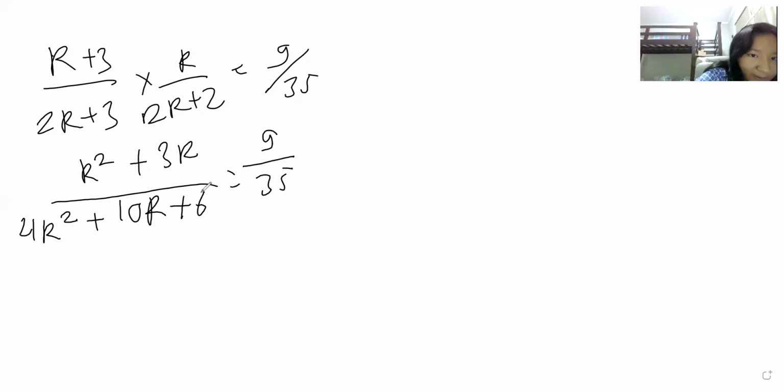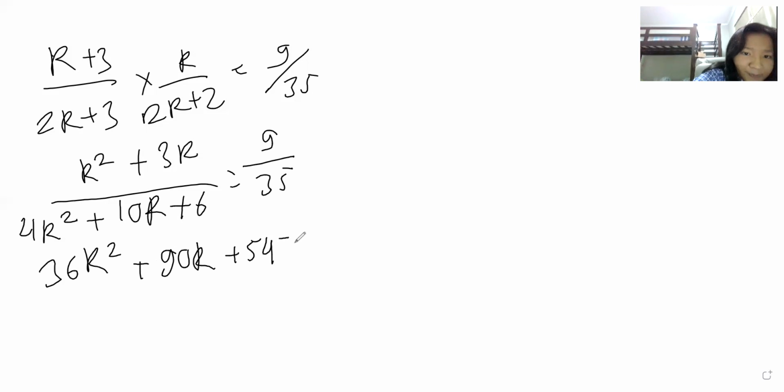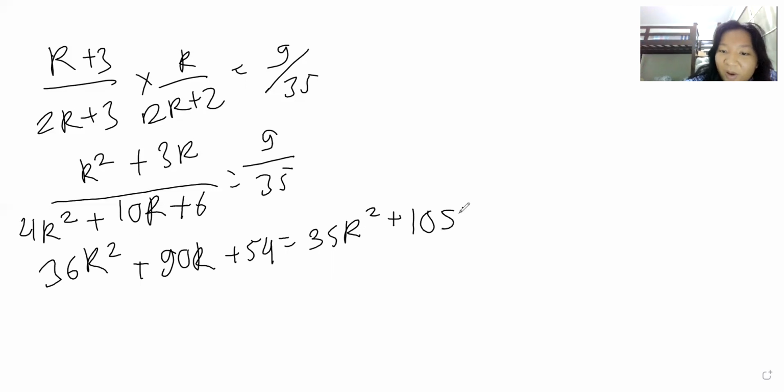This will be 36R squared plus 90R plus 54, and then 35R squared plus 35 times 3, what is this? 105R. I will move all this to the left side, and this will result in 0.